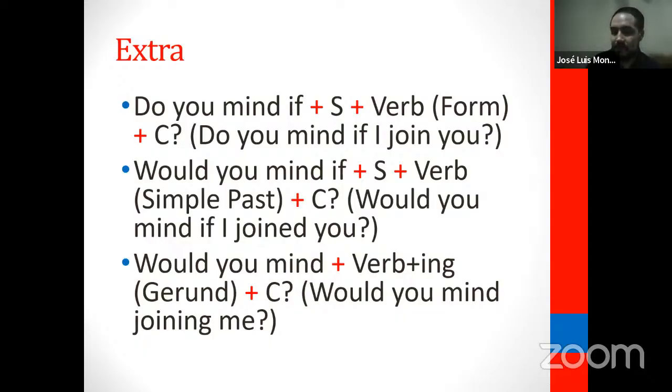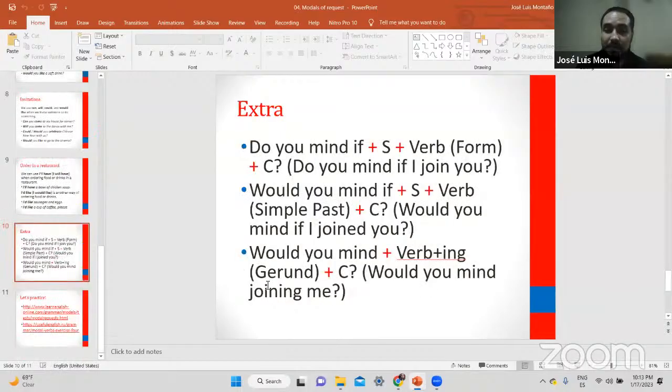So you can say, would you mind playing the guitar for me, or just playing the guitar? Any type of request or invitation is going to be okay with would you mind plus ing. And that's it. That's something extra, but you can take this into account whenever you want to ask questions with this purpose, when you don't want to bother or annoy a person, or when you want to ask for a request in a formal way. But that's it with this lesson.